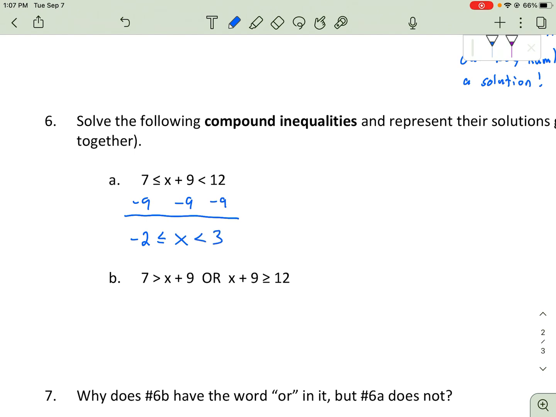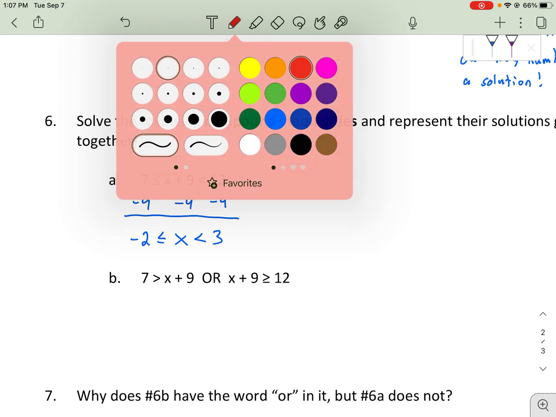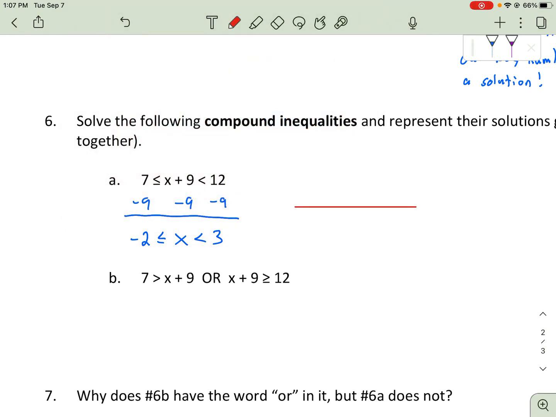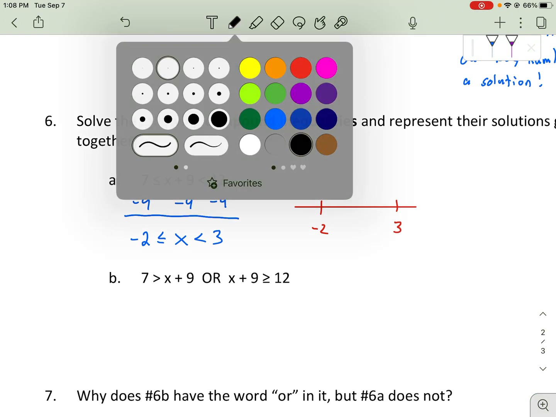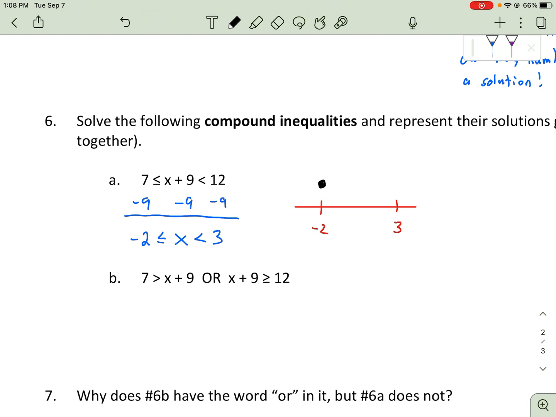And then to write this on a number line, this is weirder than before, but we can just put -2 and 3 on here, what I call our key numbers. We can equal -2, so we put a filled in circle. We cannot equal 3.